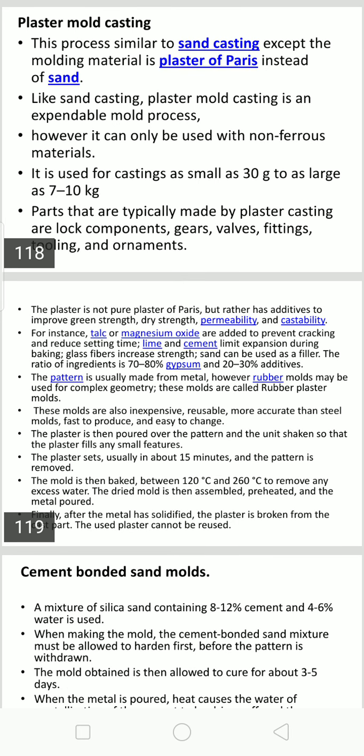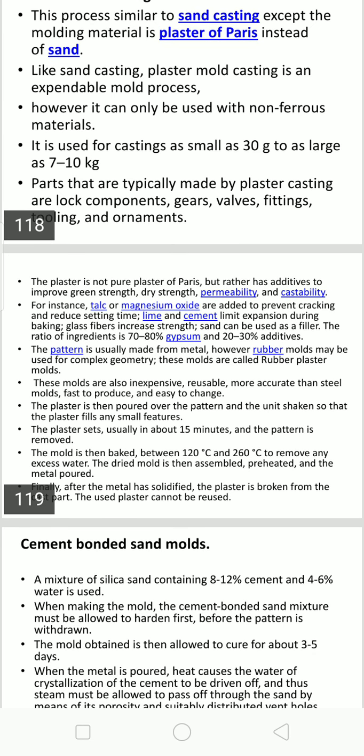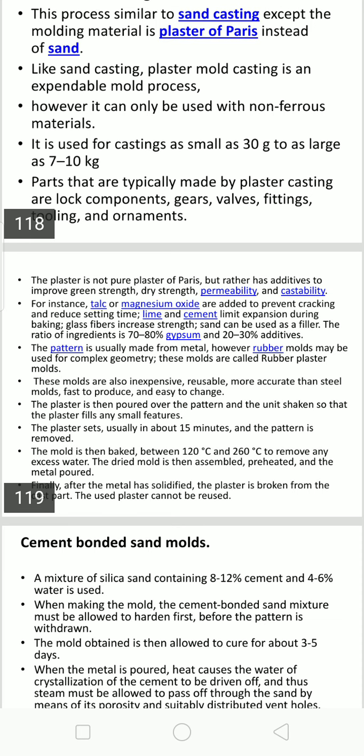Along with the plaster of Paris material, they can also use additives to improve green strength, dry strength, permeability, and castability, such as talc, magnesium oxide, lime, and cement, all based on the percentage of sand used. Glass fibers can also be added to increase the strength, and sand can also be added as a filler material.